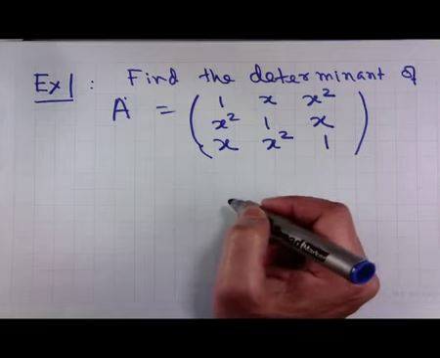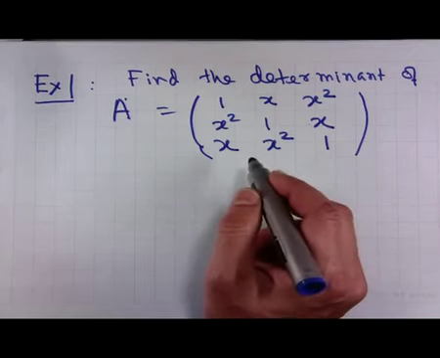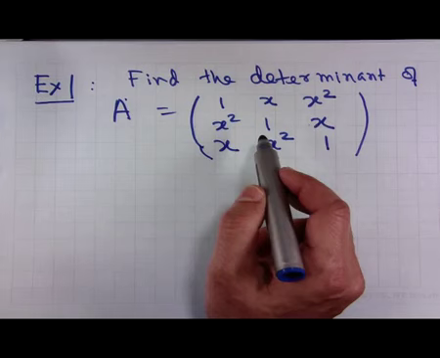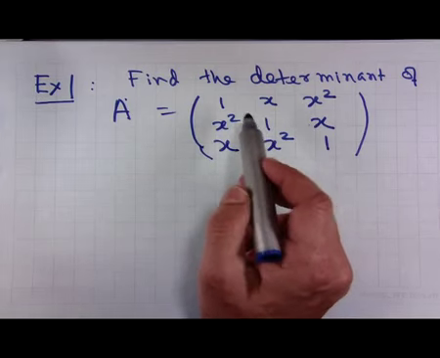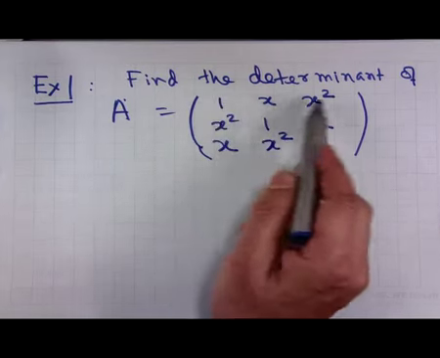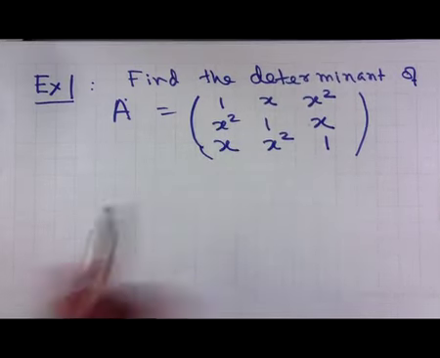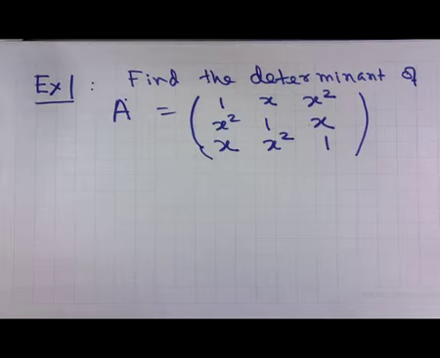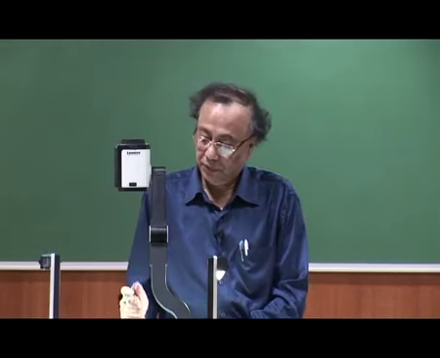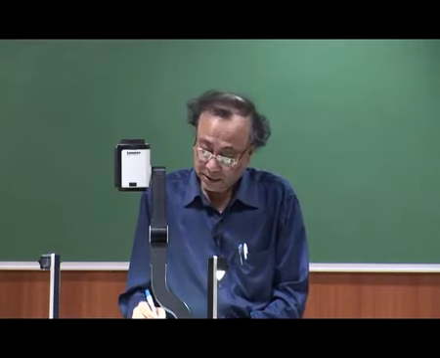Of course, we can compute its determinant from first principles, that is by expanding along one row or one column, but we shall exploit some properties of determinants so that we can make it simple.